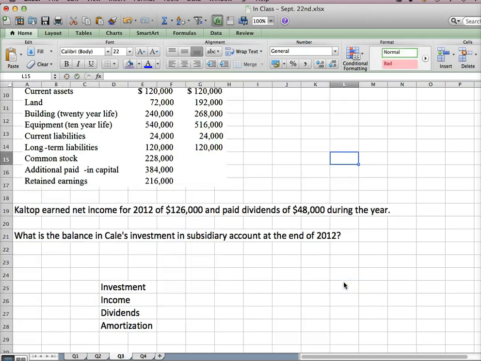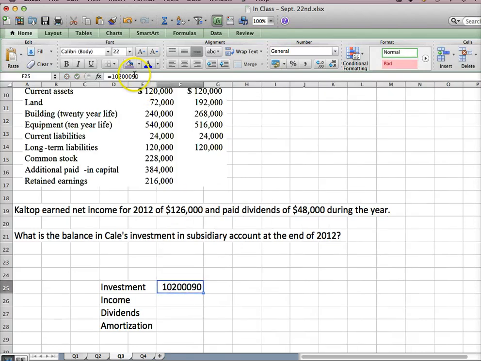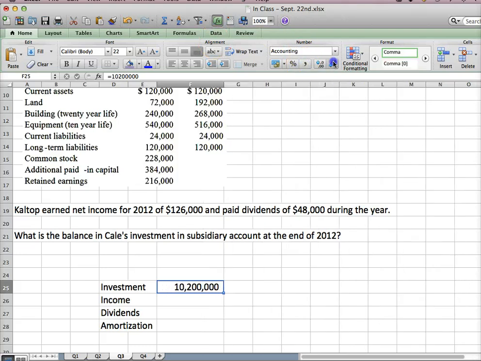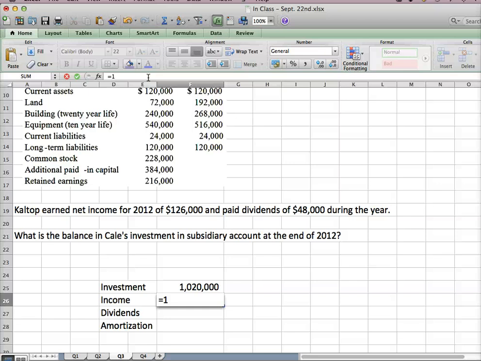So using the equity method, the investment is going to be 1,020,000 to start with. And then the question is asking what was the income. So we see income was 126 for the year. That will come over, and dividends was 48, so that would be reducing the investment account.